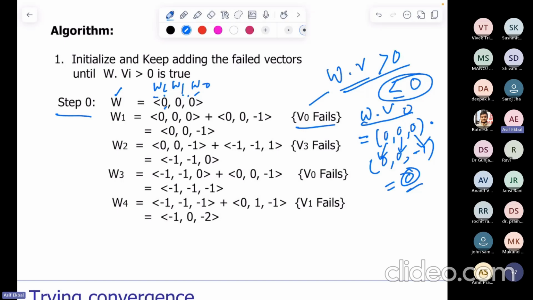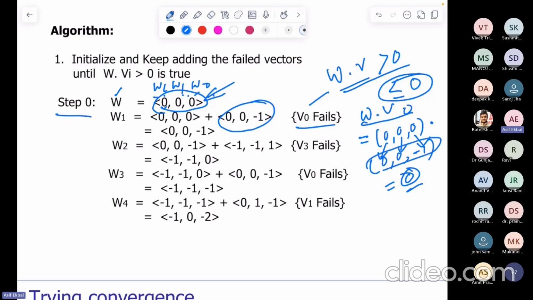That means the weight that you have assigned is not the perfect weight. You have to do some kind of updation to this particular weight. And how the updation will happen: the initial weight, that means the previous weight, plus the particular vector for which it has failed.